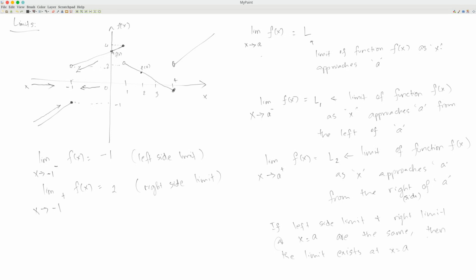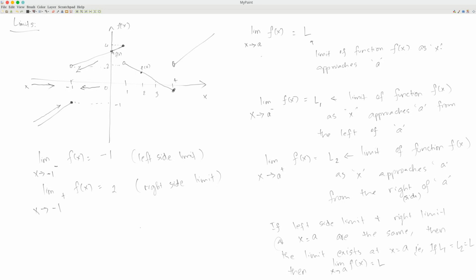In other words, if L1 is equal to L2, which is equal to L, then limit as x approaches a of f of x will be L. In other words, it exists.